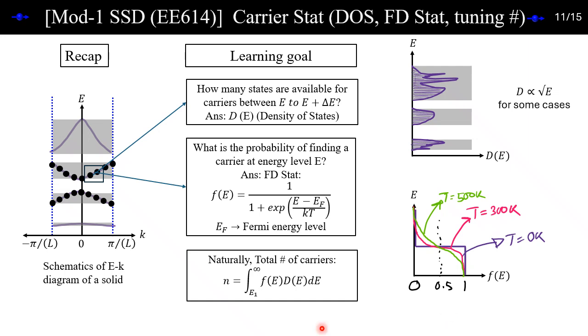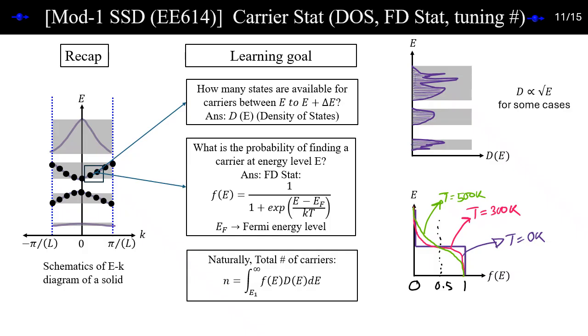We will suitably choose E as per our convenience. So the top one doesn't matter. The reason is that this function anyway becomes 0. Wherever you have density of states available, you will have that integrated value there. Otherwise, it will be 0. That's not an issue.